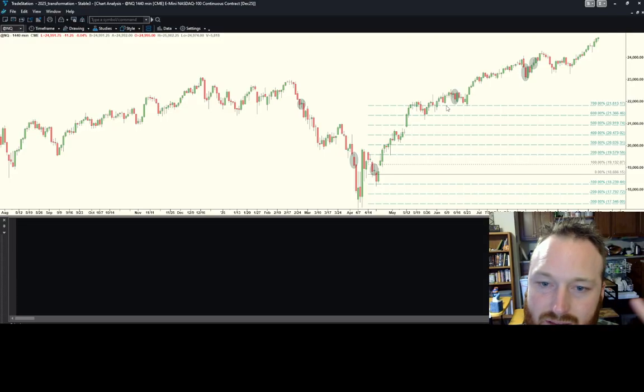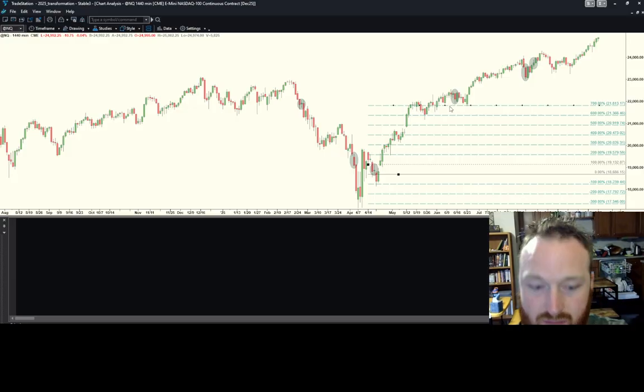So I would probably do a lenient, say a percentage trail, where the farther it goes, the risk box becomes bigger and bigger. You're allowing it to wiggle more and more as it goes in your favor. And then eventually you close that up, get tighter on it, and lock in your profits. That would be the perfect trade to me. And that's probably what I would implement in this system.